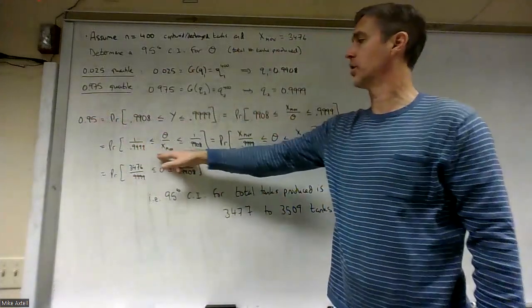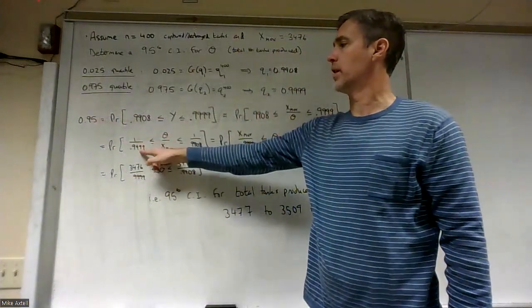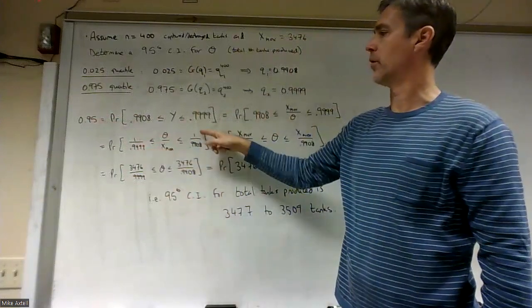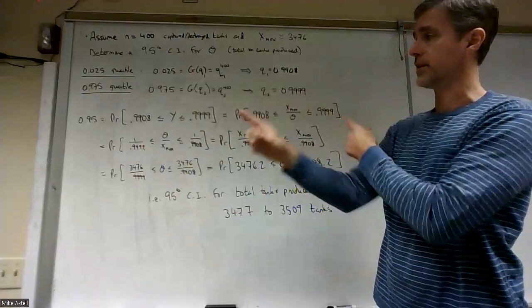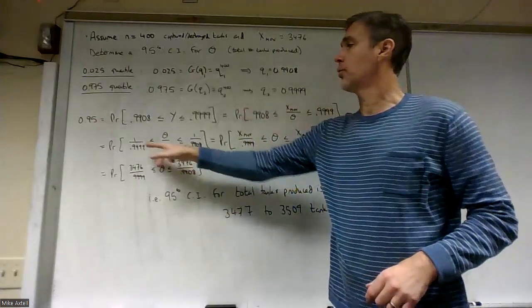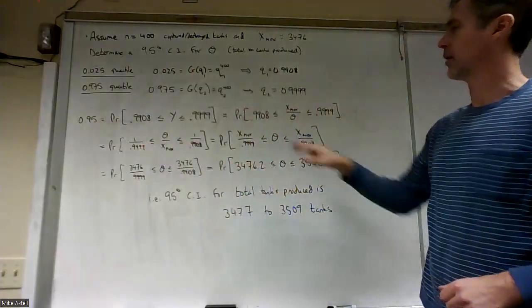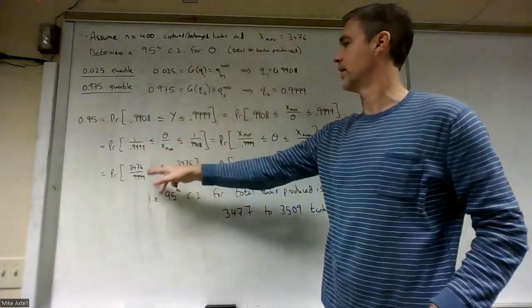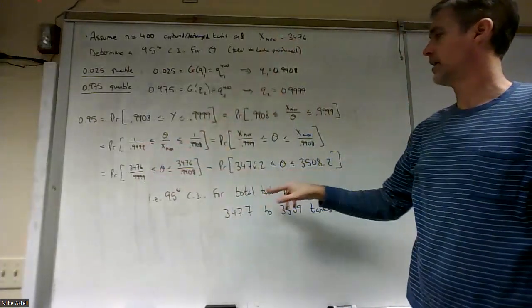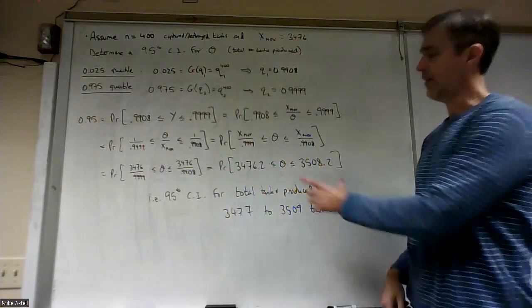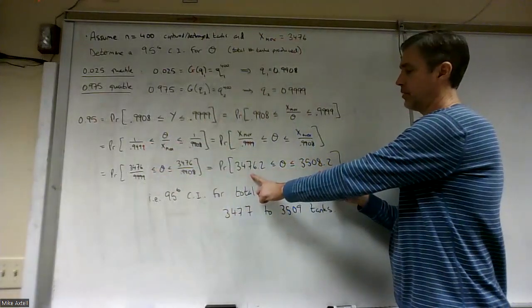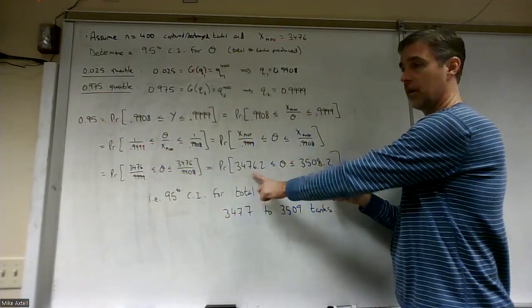So that's what happens over here. 1 over 0.9999 is definitely smaller than 1 over 0.9908, so we have to flip the sides. I can then multiply everything by x max, replace x max with 3476, and I get theta is between 3476.2 and 3508.2. And that is the 95% confidence interval for theta.